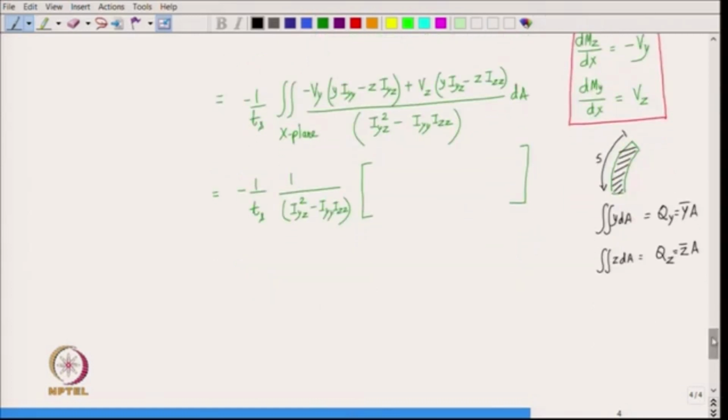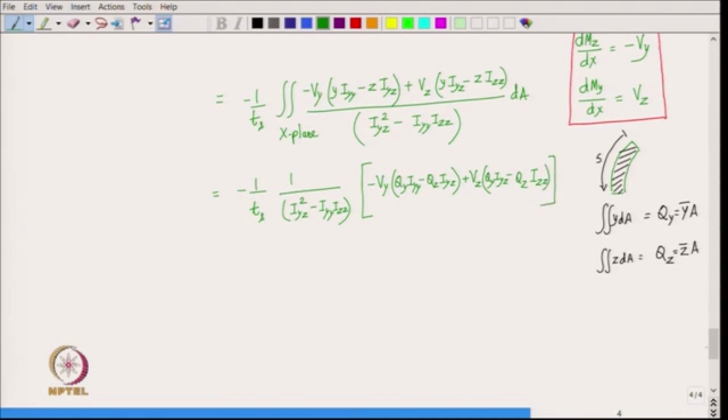So, when we plug in this formula here, we have minus V y into q y times I y y minus q z times I y z plus V z into q y times I y z minus q z times I z z.